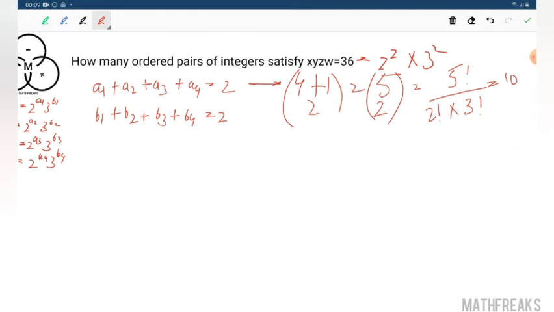There is also the same thing, 4 plus 1 choose 2 equals 10.